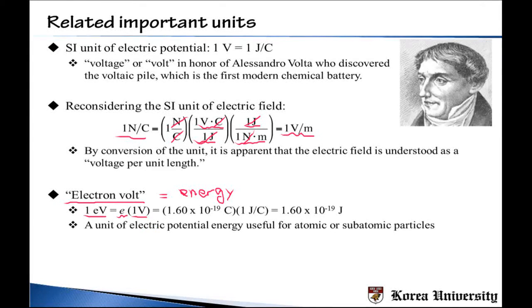We already learned that 1 e is equal to 1.6 times 10 to the power of minus 19 coulomb, and 1 volt is equal to 1 joule per coulomb. So the coulomb cancels out, and what we get is 1.6 times 10 to the power of minus 19 joule.